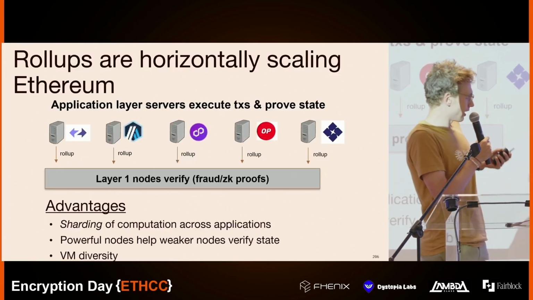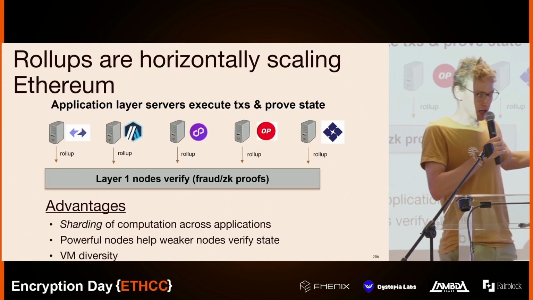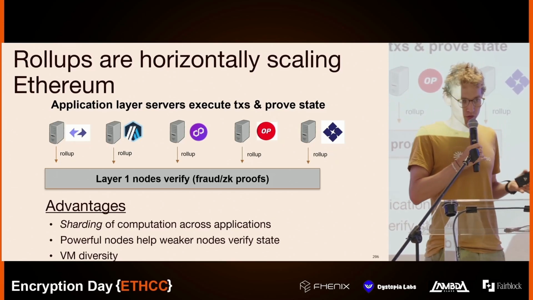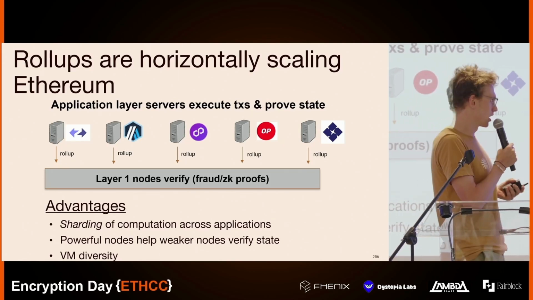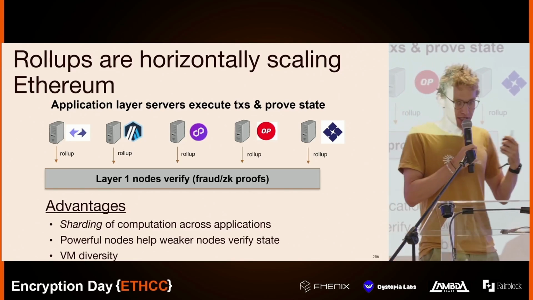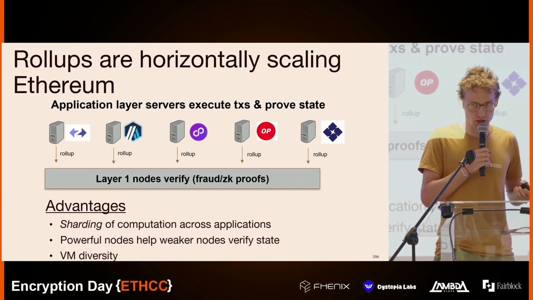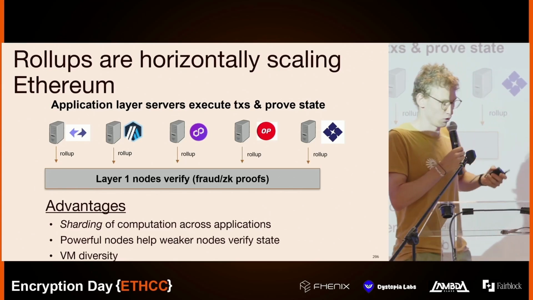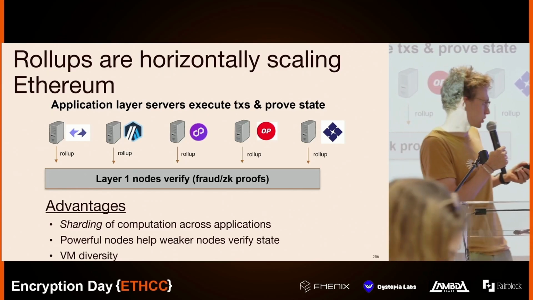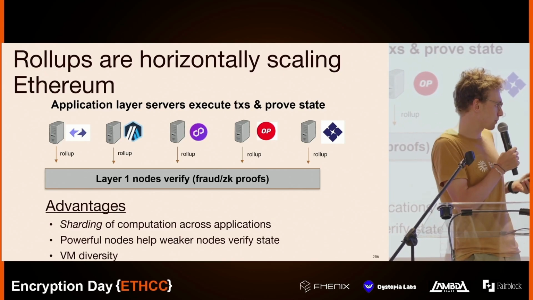So what are rollups? Well, the goal of rollups is to scale Ethereum or to scale a layer 1 blockchain horizontally. Essentially, we have application layer servers. You could imagine this being different applications or even full virtual machines that process applications.